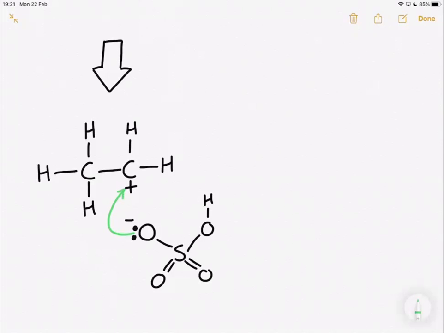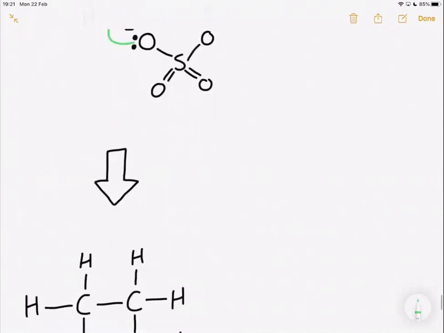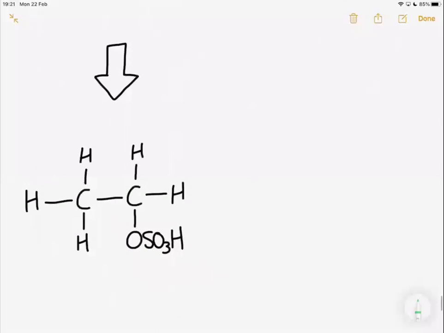Then finally, let's just have a little look at the product. So here's ethyl hydrogen sulfate, just a reminder that that's what we call this molecule.